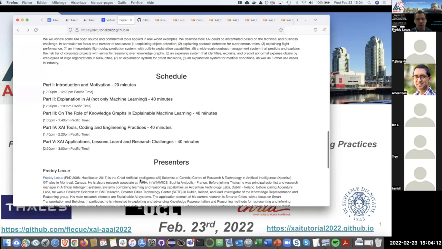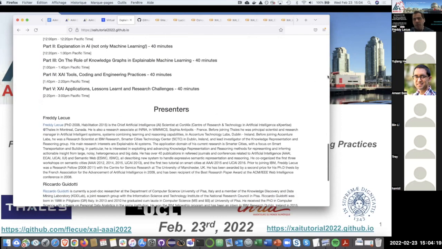Then we move to applications and lessons learned. I'll post the GitHub link here again if you need it. With those two links, you have exactly what you need.